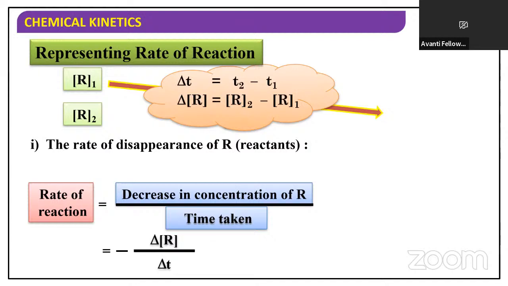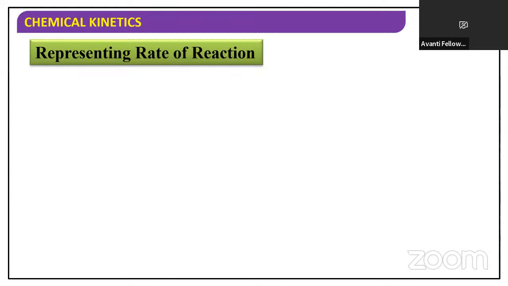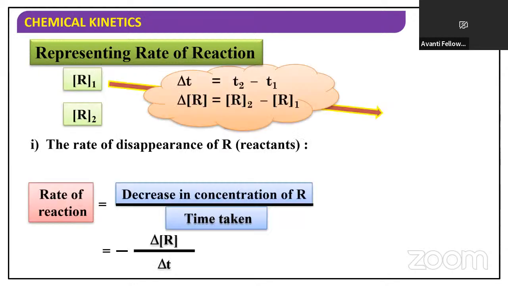So whenever you write the rate of disappearance, always use the negative sign, that is minus delta R by delta T. This is how you represent the rate of disappearance of reactant.